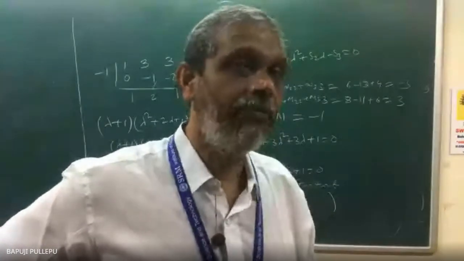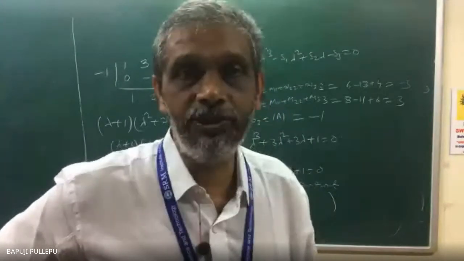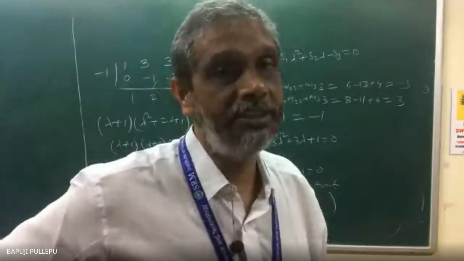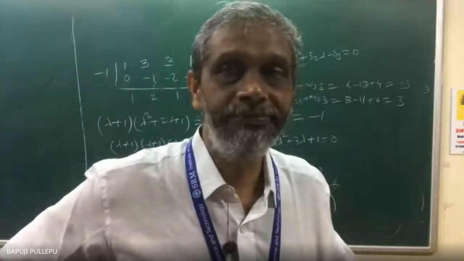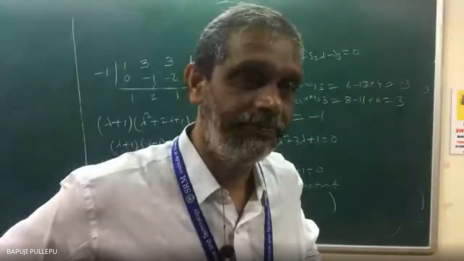How can you say what you are telling? 0 for infinity also 0 only, 0 for 10 also 0 only, but we cannot say that. See the degree here. Degree of the polynomial 3 means you have total 3 roots. Okay, sir.